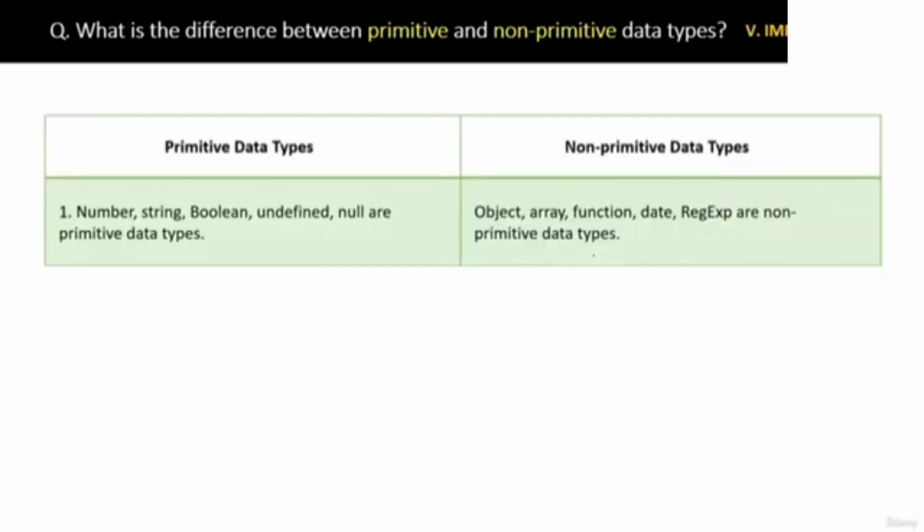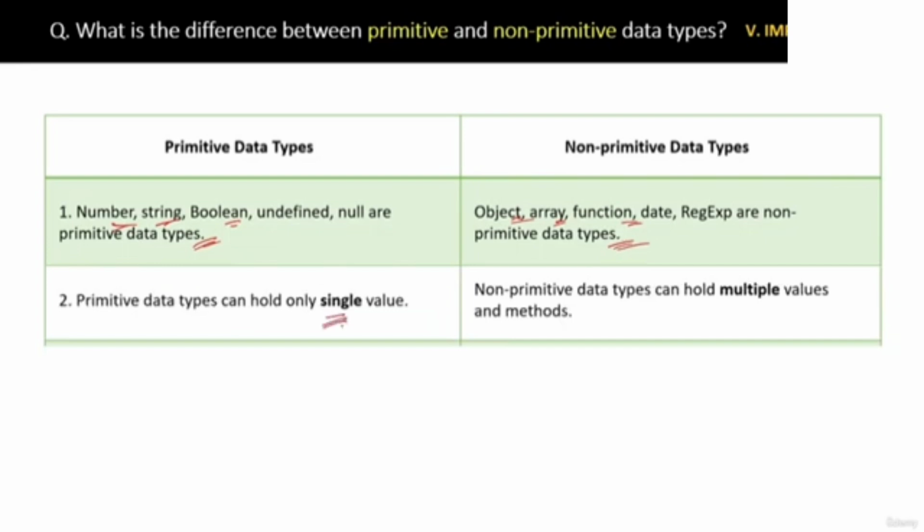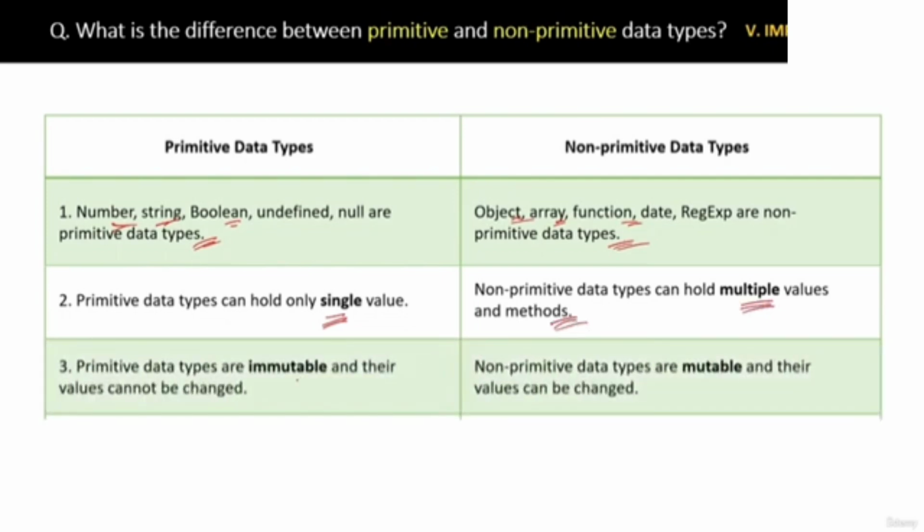The first difference is numbers, strings, booleans, undefined, and null are primitive data types, and objects, arrays, functions, dates, and regex are non-primitive data types. Second, primitive data types can hold only a single value, whereas non-primitive data types can hold multiple values and methods also. The third difference is primitive data types are immutable and their values cannot be changed, whereas non-primitive data types are mutable and their values can be changed.